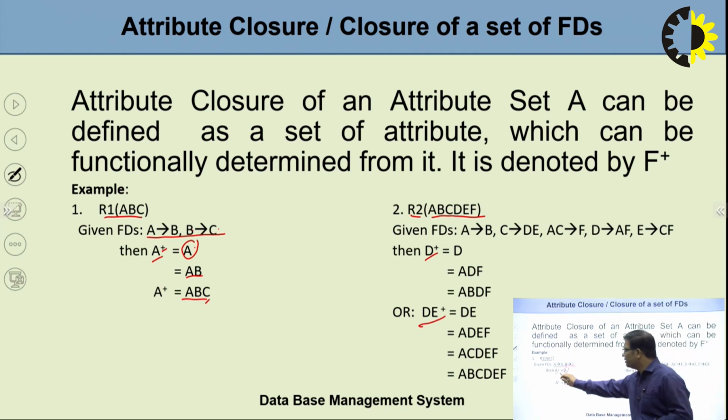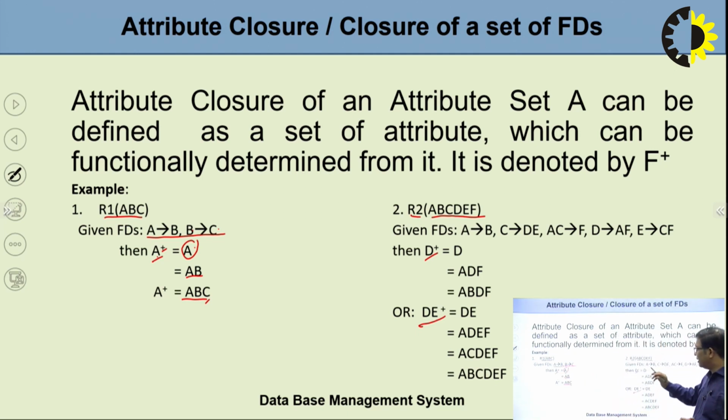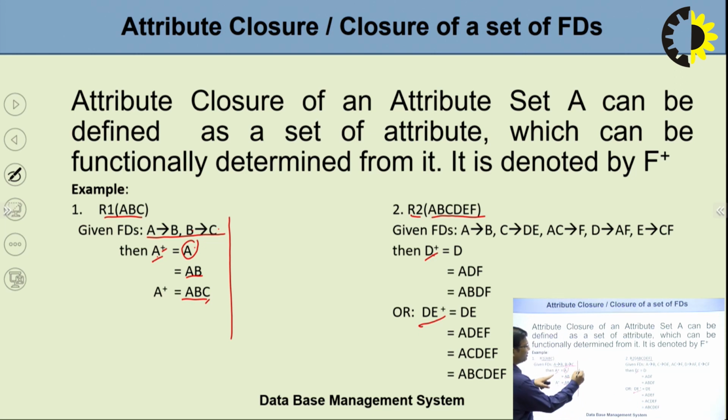So we can find the closure of a single attribute and of combined attributes also. Like for example, in this example, if we find the B closure, write B first, then on the basis of B, we can find C. No more element can be identified. So this is the final closure, BC, of B closure.